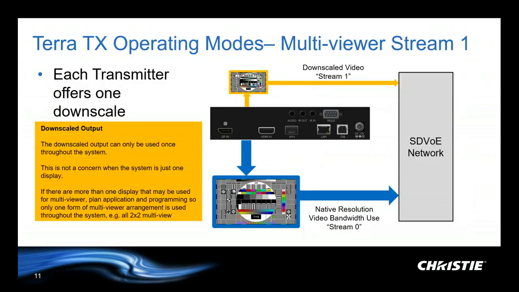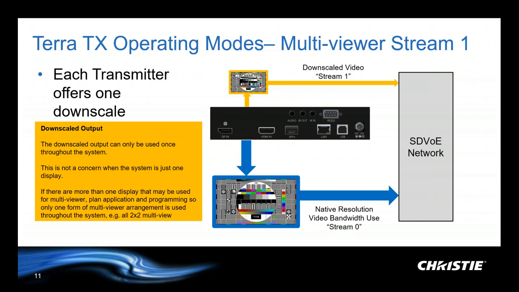On the transmitter side in multi-view mode, the transmitter will always publish onto the SDVoE network the video inputs in its native resolution. This is the blue part that you're seeing at the bottom.